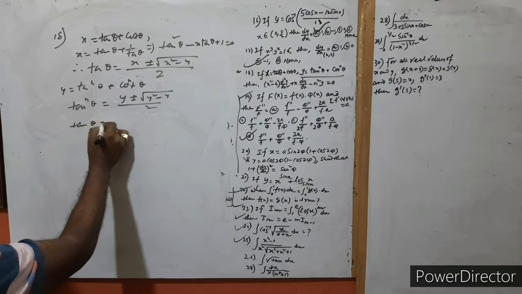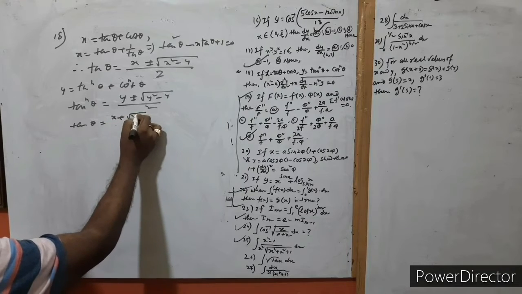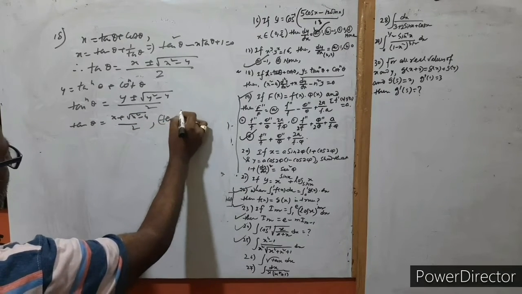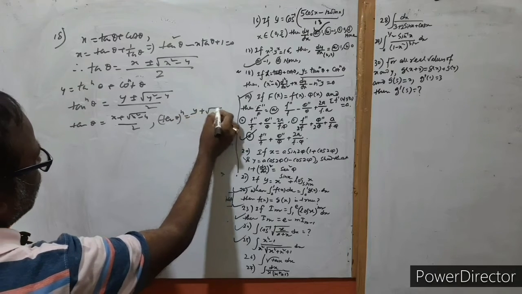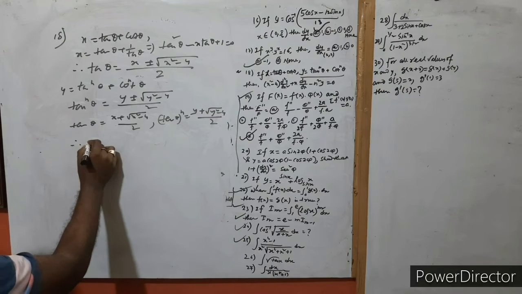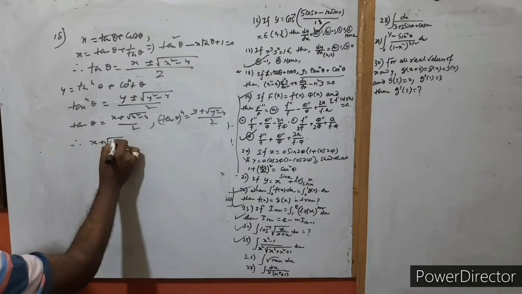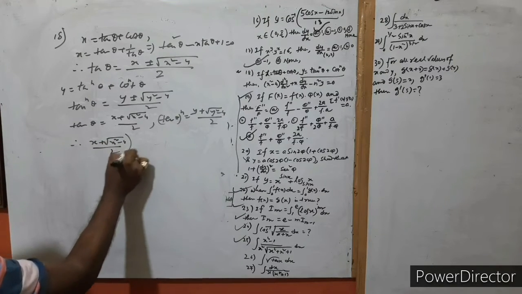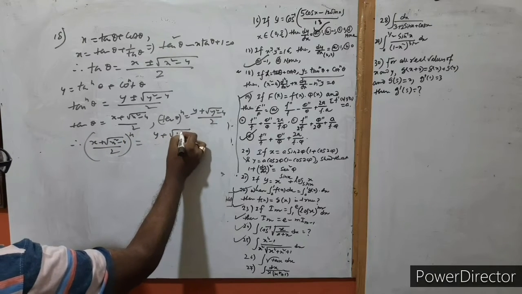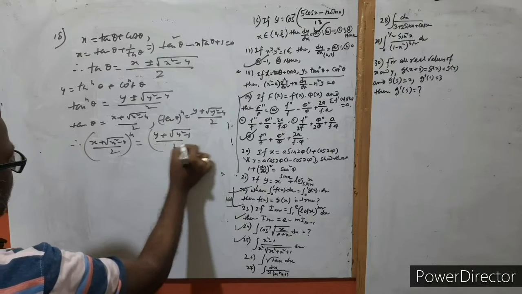Like that, tan theta is equal to (x plus root over x square minus 4) by 2, and tan theta to the power n is equal to (y plus root over y square minus 4) by 2. Therefore ((x plus root over x square minus 4) by 2) to the power n is equal to (y plus root over y square minus 4) by 2.